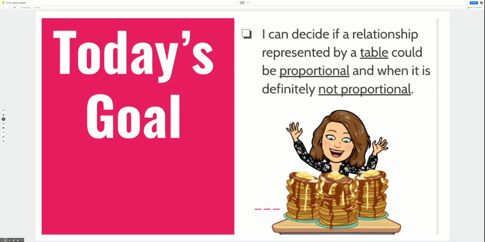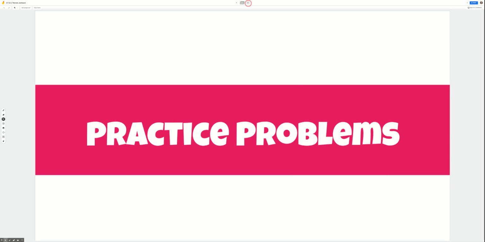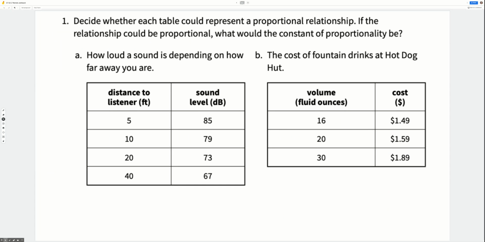When we took a look at Han and Claire, we saw through Han's table that his constant changed every time, so he didn't have a proportional relationship. But Claire did. She ran 2.5 minutes per lap. So we determined that she did have a constant of proportionality. Her relationship was proportional. Let's take a moment and do a couple of the practice problems.